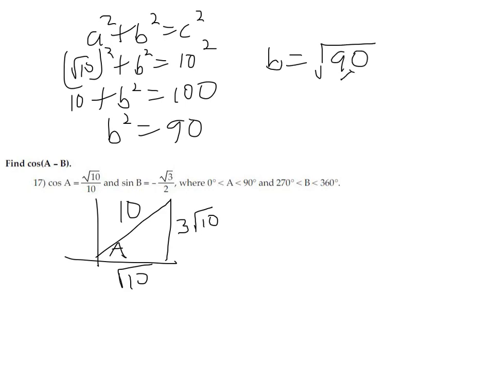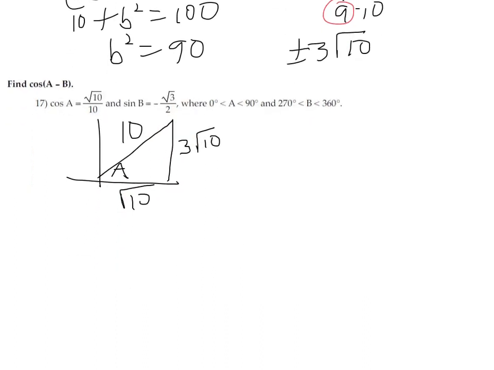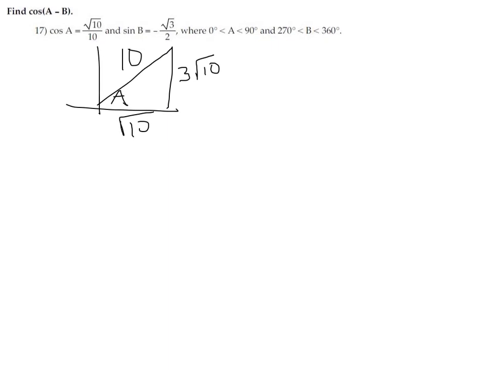And 90 is 9 times 10. And square root of 9 is 3, so we can pull out the 3, getting us 3 square root 10. Now it should be plus or minus, and the reason why it's plus is to the right is positive, and up is positive. So those are both positive, and hypotenuse is always positive. Okay, great. Back to the work at hand.